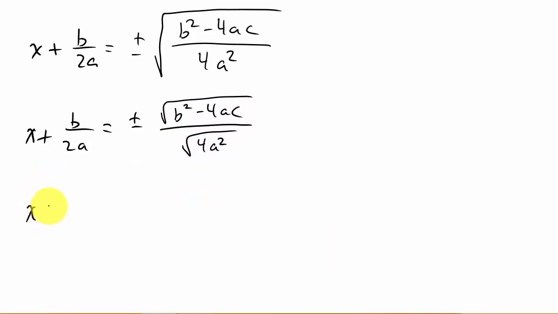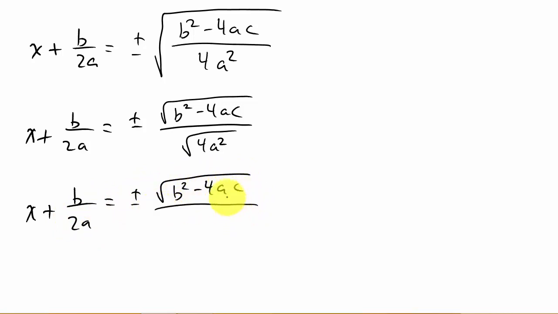And so this is x plus b over 2a equals plus or minus the square root of b squared minus 4ac all over, and then the square root of 4a squared, well, the square root of 4 is 2, the square root of a squared is a. Okay.